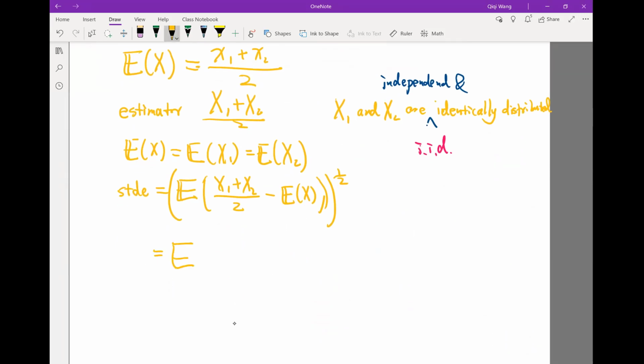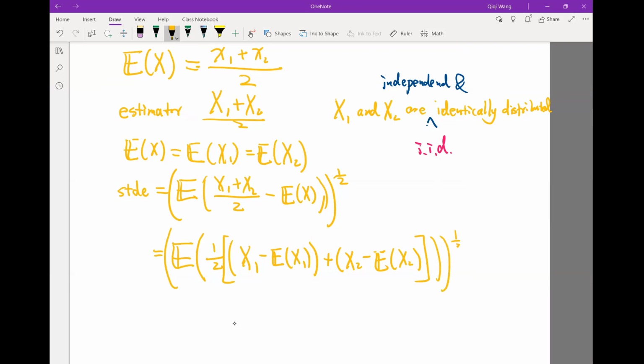The first task is to split this whole thing into half times x1 minus the expectation of x1, because x1 has the same expectation as x, plus x2 minus the expectation of x2. So it's basically the average of the two differences.